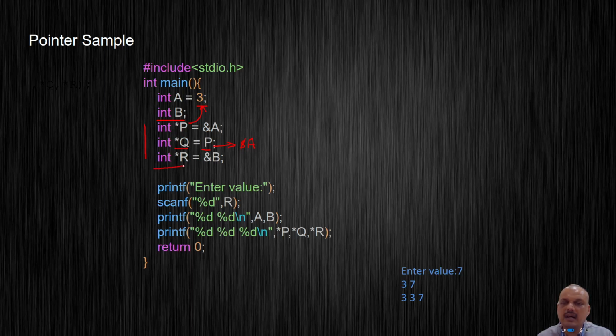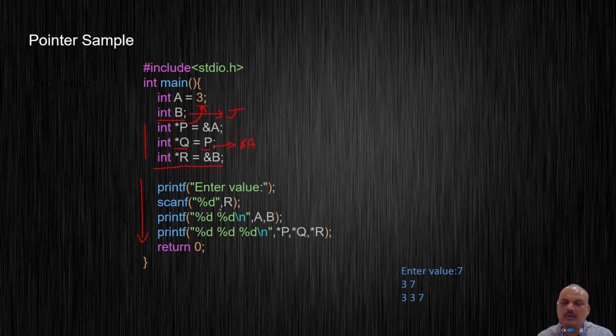Then I have star r which gives me the address of b. So what is b holding? B has some junk value, and r basically is pointing to this particular junk value, because the address of b is now stored in the pointer r.